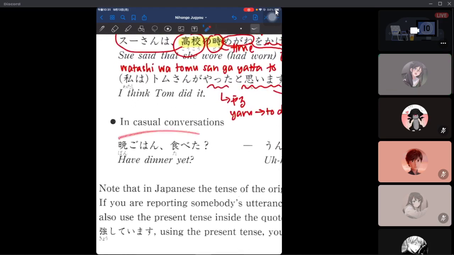And then we have this one. Anyone wants to read this one? Anyone? Yes. Let's go. Oh no, I know. ご飯、食べます。食べた。And then?